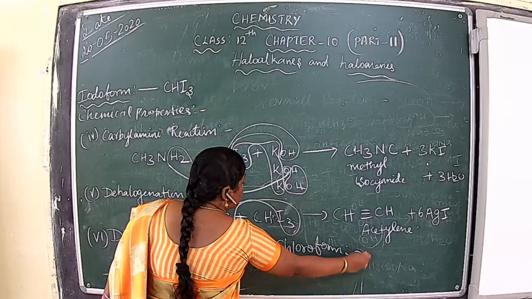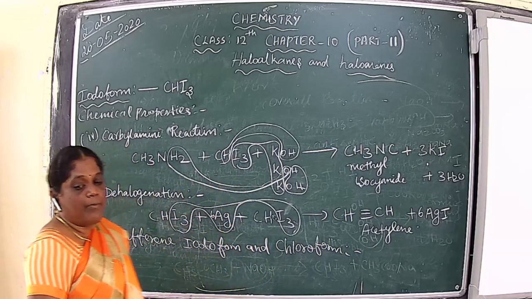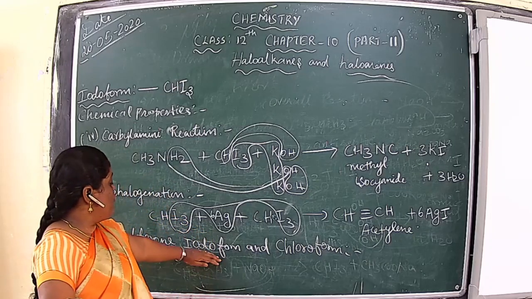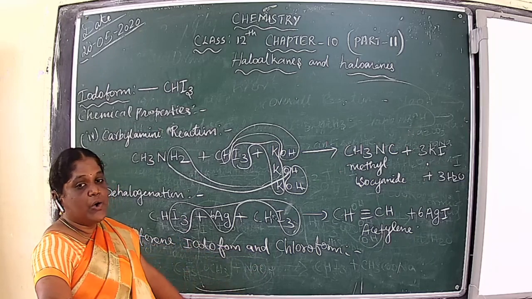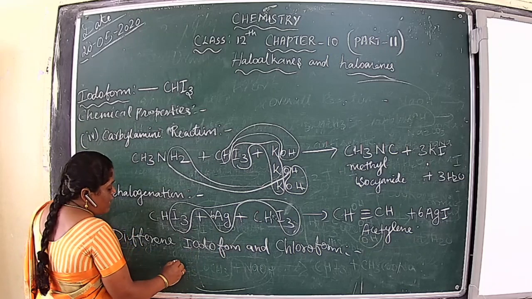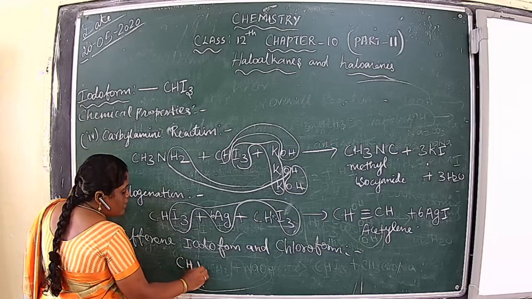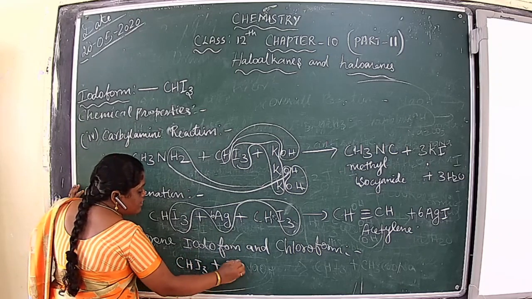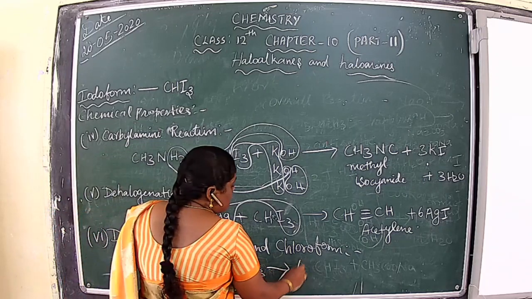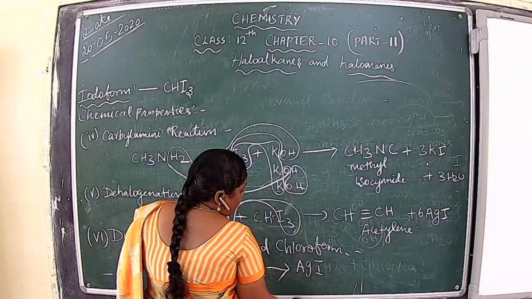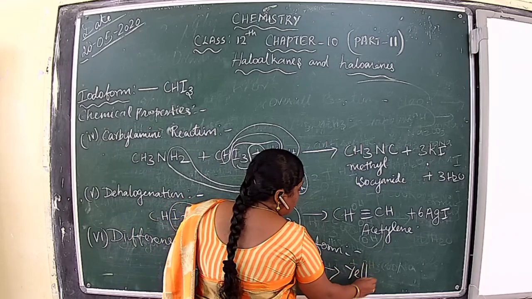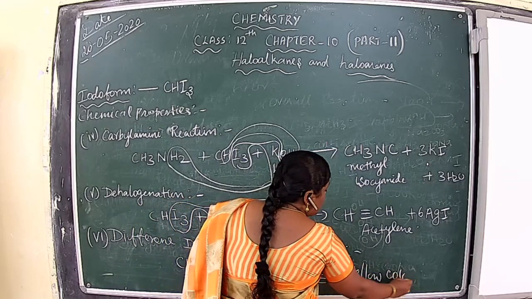Now all the chemical properties are similar, but this chemical property is followed only by iodoform, and chloroform does not undergo it. So what is that property? When iodoform reacts with silver nitrate, it gives silver iodide, which forms a yellow color precipitate.